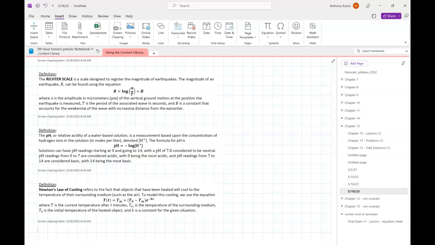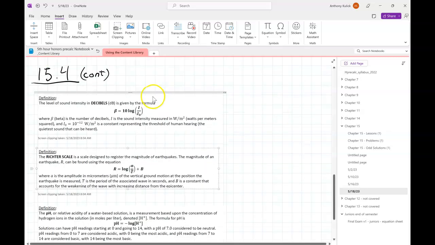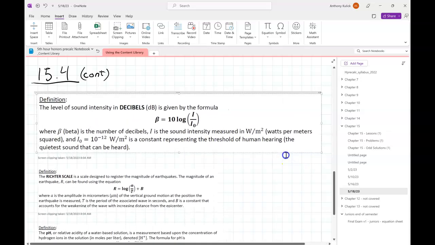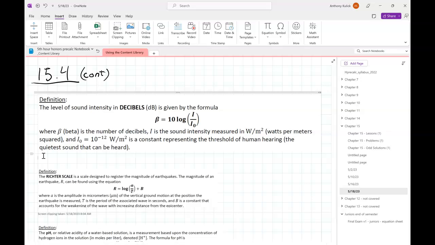All right. So we're going to look at 4 different models or situations from the real world in which an exponential or logarithmic model will describe that behavior.